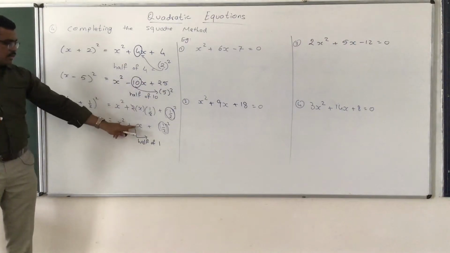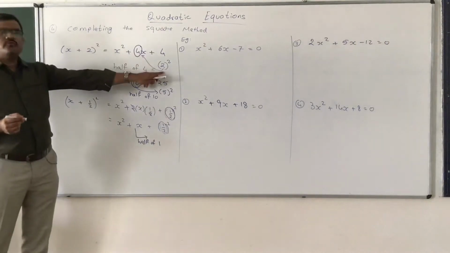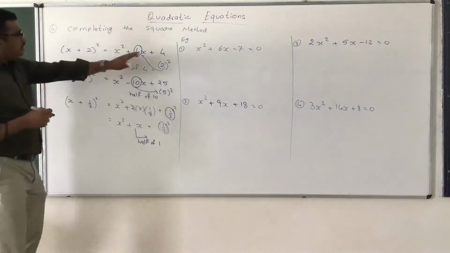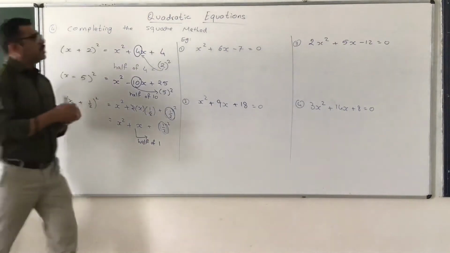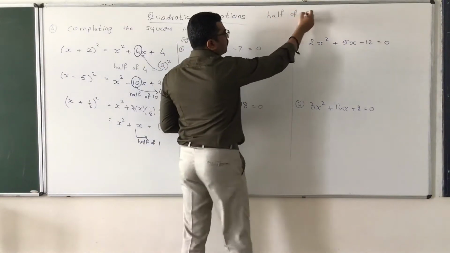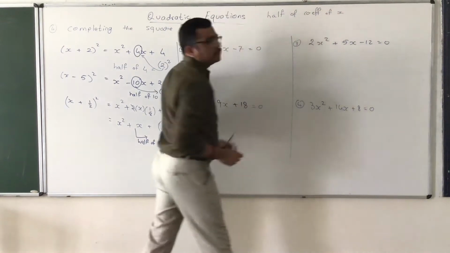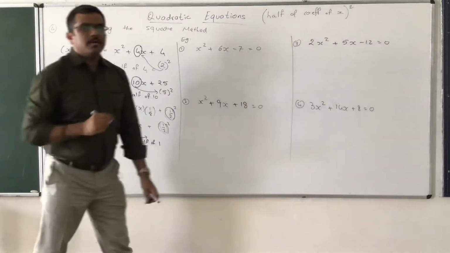Half of 1 and 1 squared. Half of 4 and 2 squared. So you have to keep in mind, wherever we want to make a complete square, we have to take half of the coefficient of x and then make a square of it.